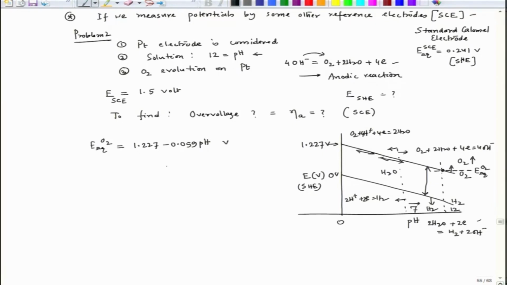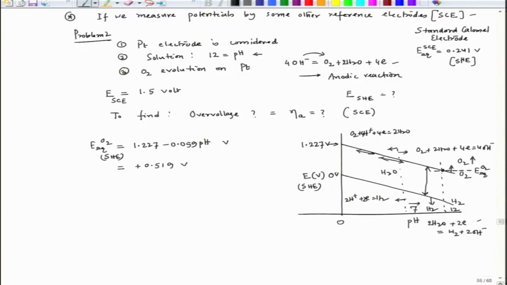This is in volt, and remember this is with reference to standard hydrogen electrode. Once we determine that, this becomes plus 0.519 volt.